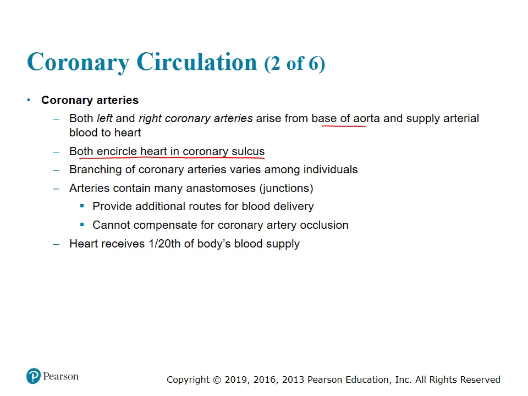Now, the coronary artery can vary depending on the individual. So sometimes we have highly branched coronary arteries in some people. Some people do not have very highly branched coronary arteries. Now the arteries and the branching can touch each other or can branch in between the ends to each other.